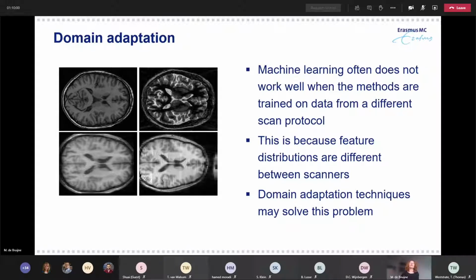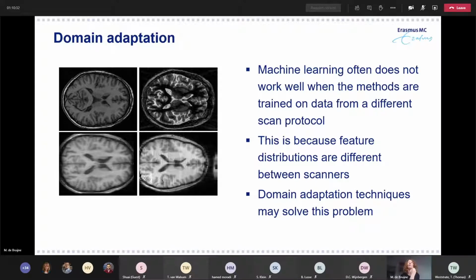Another assumption that we typically make in machine learning is that the training data that we trained our model on is similar to the target data that we want to analyze. And if that is not the case, and it often is not the case in practice in medical imaging, if data come, for instance, from slightly different scanners. Here you see an example of brain MRI that are similar to a radiologist, but they're made on different scanners.